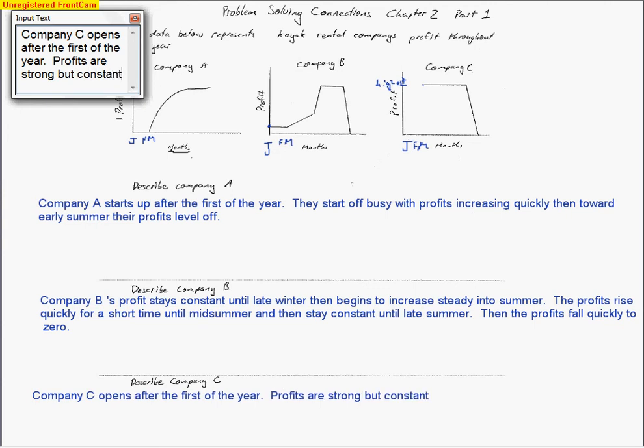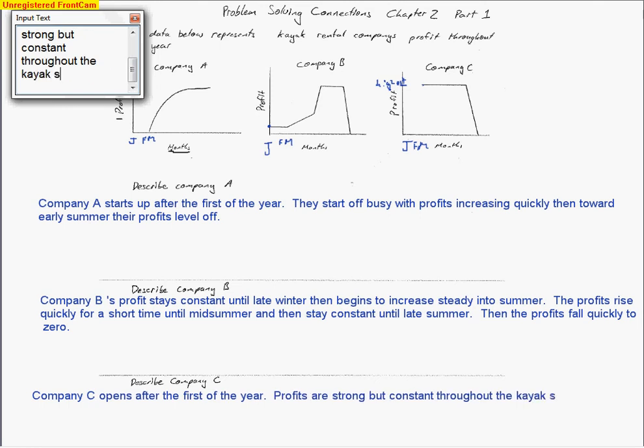They're staying consistent throughout the, we'll say, kayak season. Then fall quickly to 0.